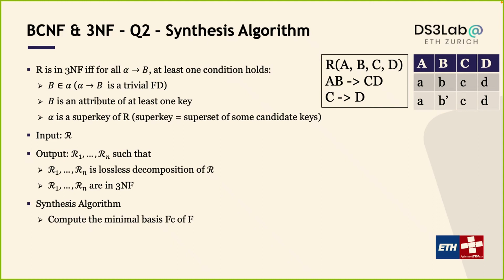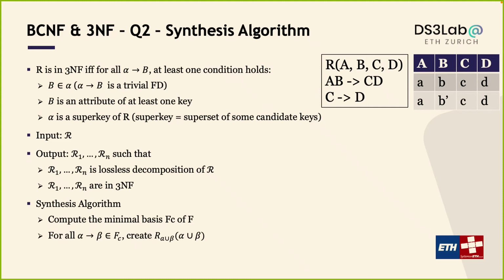F is the input set of functional dependencies that you have. You compute the minimal basis. This is the minimal set of functional dependencies that describe my original set of functional dependencies. You first try to simplify it. And then for every single functional dependency in the minimal basis, you create a new relation.